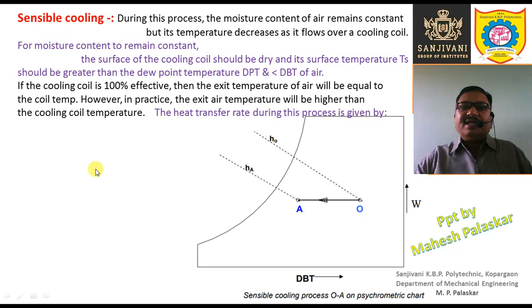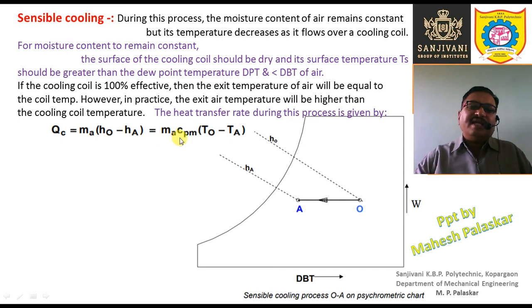So the heat transfer rate during this process is given by this formula: the heat transfer rate is equal to the mass of air multiplied by the decrease in enthalpy, HO minus HA. This can also be written in this way, that is, mass of air into specific heat of moist air multiplied by the change in dry bulb temperature.